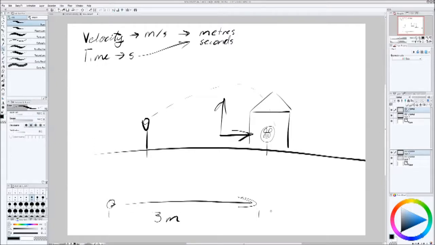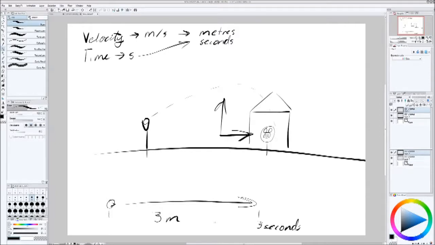Now, if we figure out how much time it takes to get there, we've got everything we need. So let's say it takes 3 seconds to actually reach the object, or the point that you're worried about.